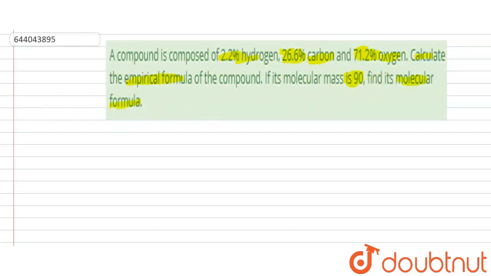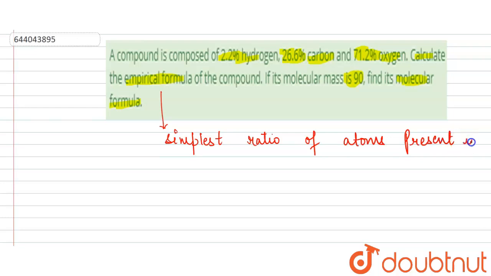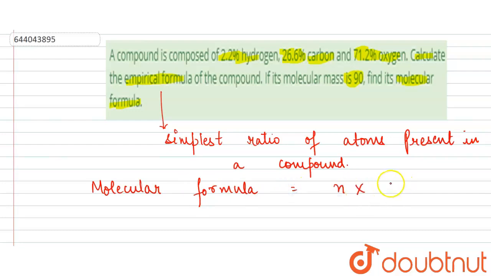Empirical formula is the simplest ratio of the atoms present in a compound. And if we need to calculate the molecular formula, molecular formula is equal to n into the empirical formula.